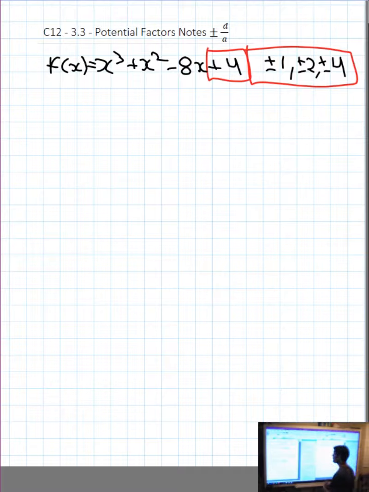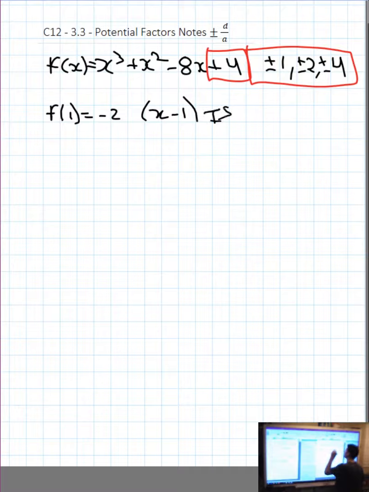So we would solve by inspection. We do that in the notes by testing f of 1, and in the notes you can see f of 1 is equal to negative 2, so x minus 1 is not a factor.